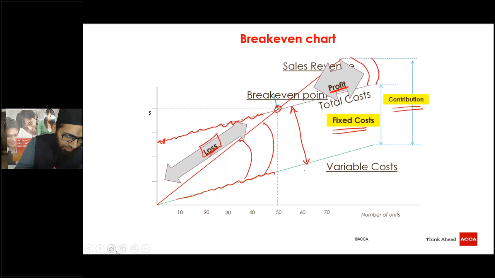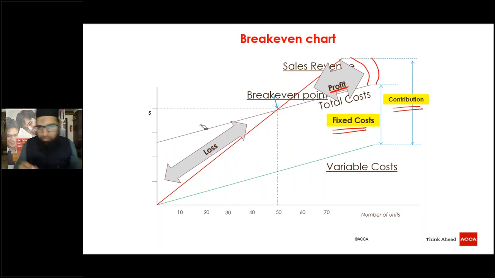Let me change the color first. And let's choose this black color. And let me just erase my previous lines. Okay. This is total cost.